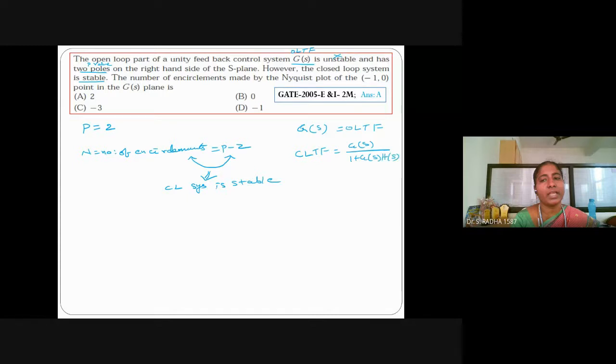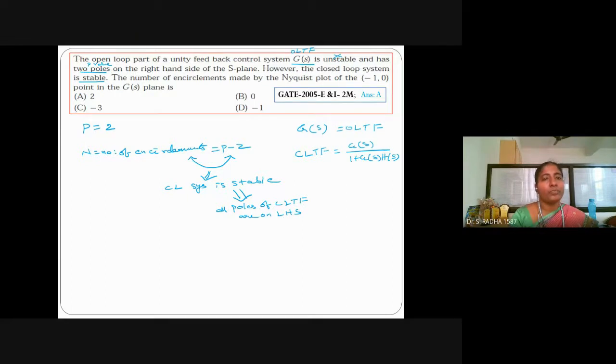Closed loop system stable means all poles of the closed loop transfer function are on the LHS. If one or more poles are on the RHS, the system will be unstable.